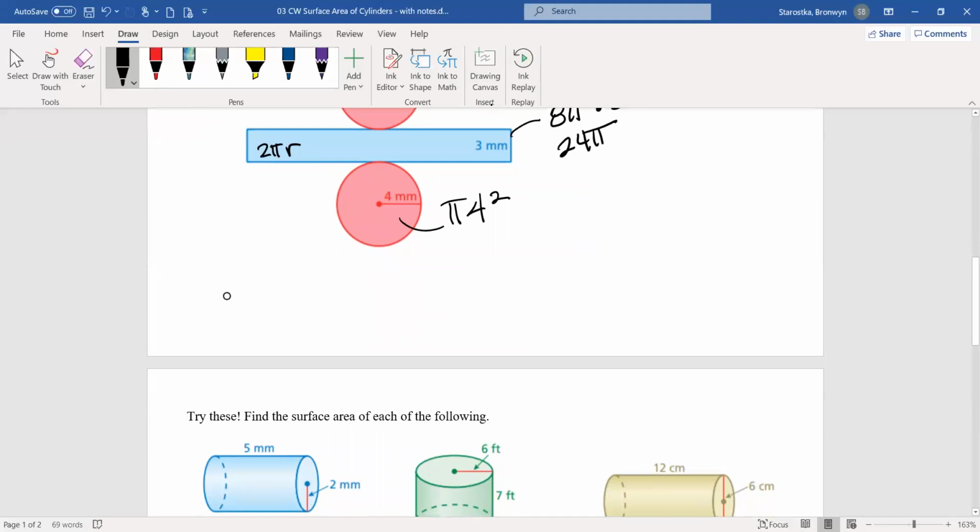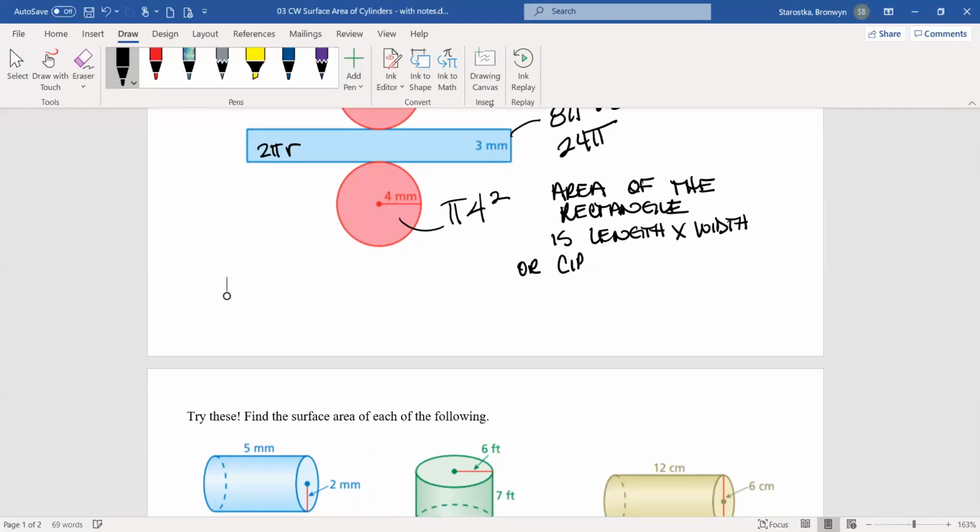So our area of the rectangle is length times width, or circumference times height.